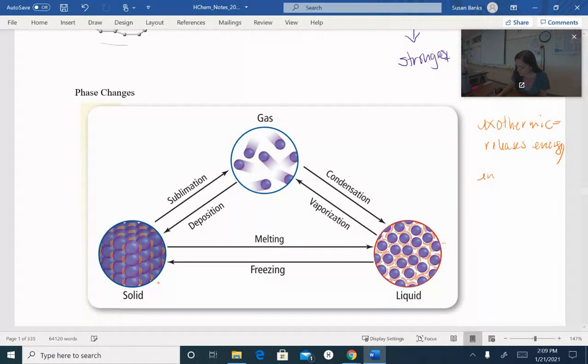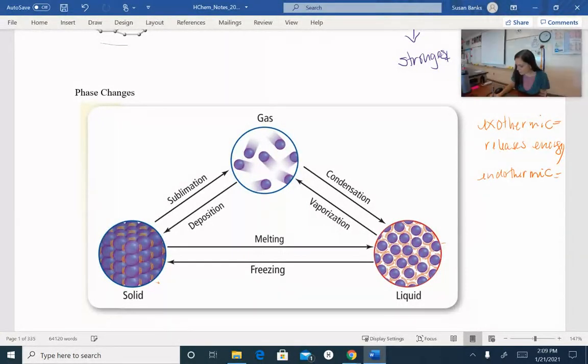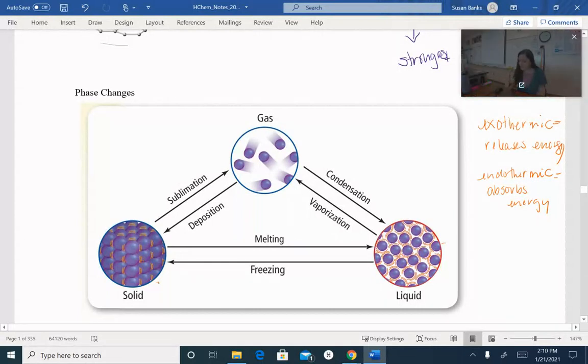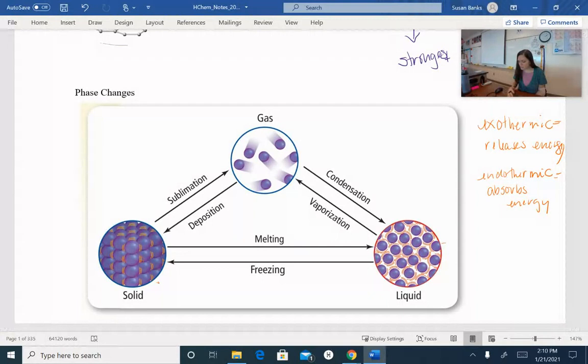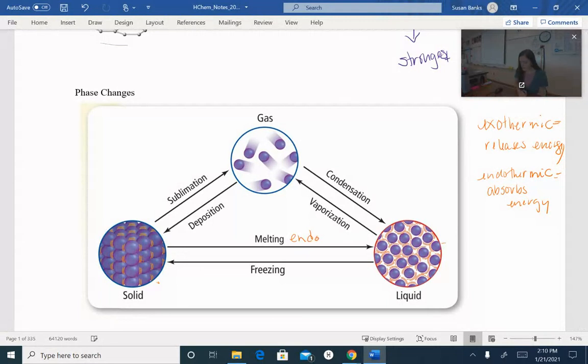And endothermic is a reaction that absorbs energy. Okay, so melting absorbs energy. It takes energy absorption to go from solid to liquid. So melting is what we call an endothermic reaction.